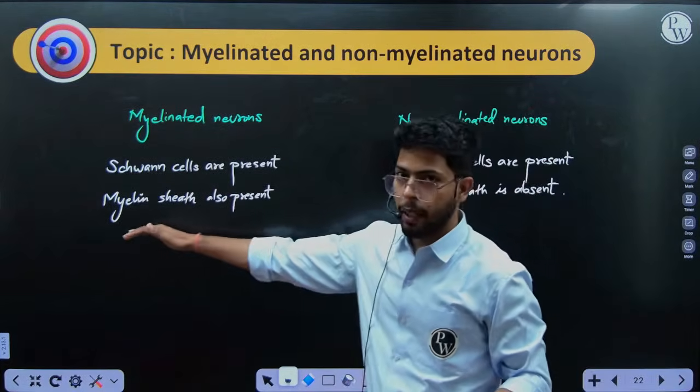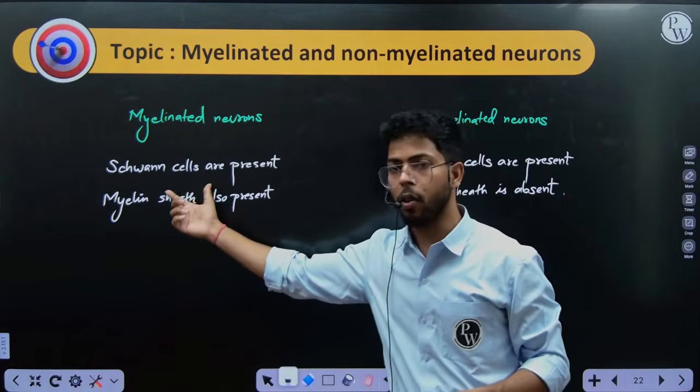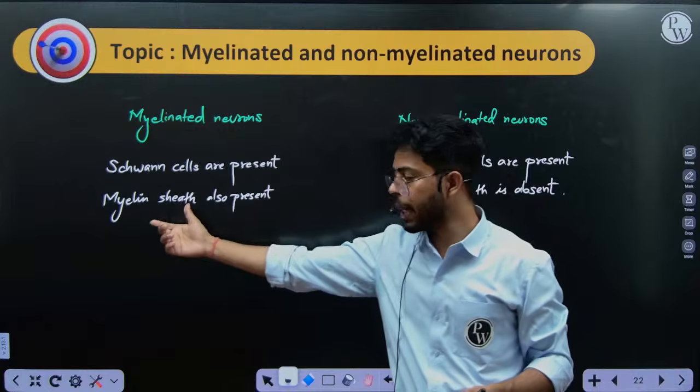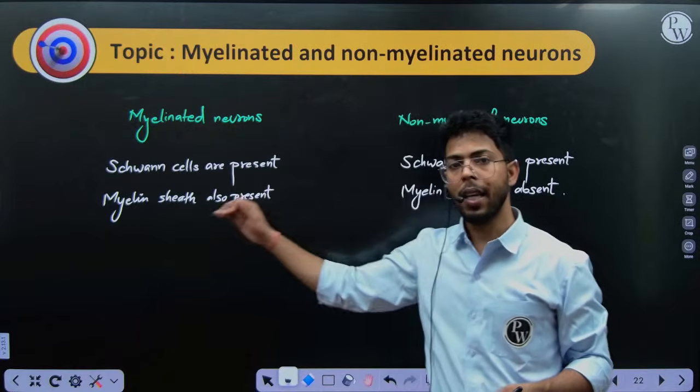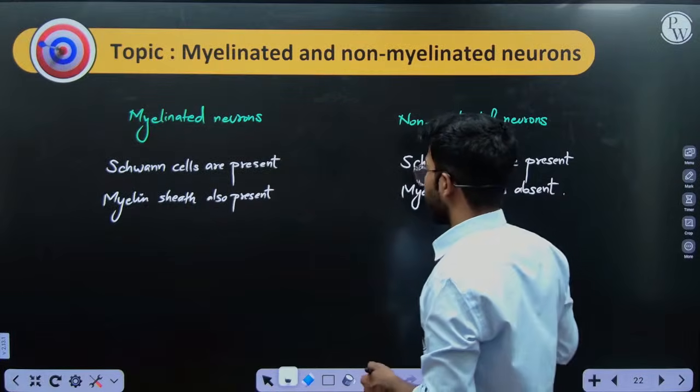So this is the basic difference. In both myelinated and non-myelinated, the Schwann cells are always present. But the myelin sheath is absent in the non-myelinated neurons.